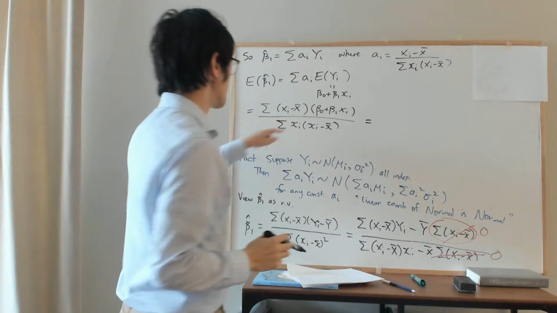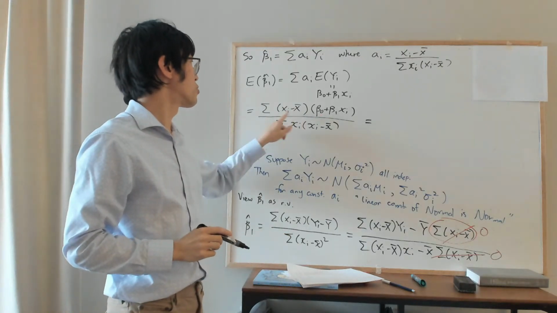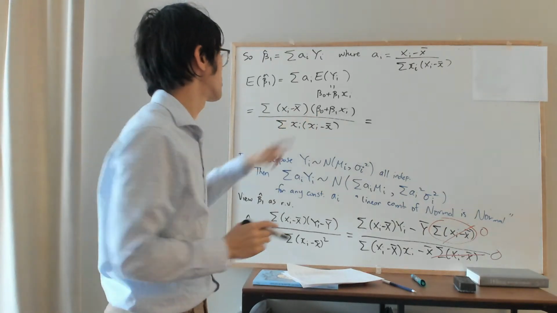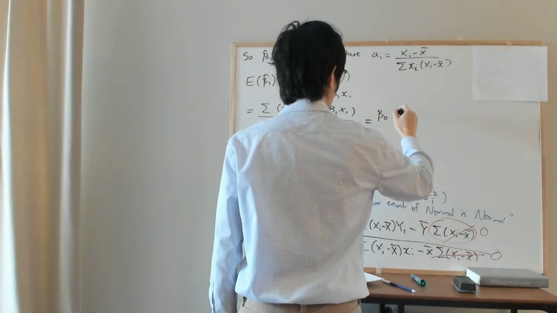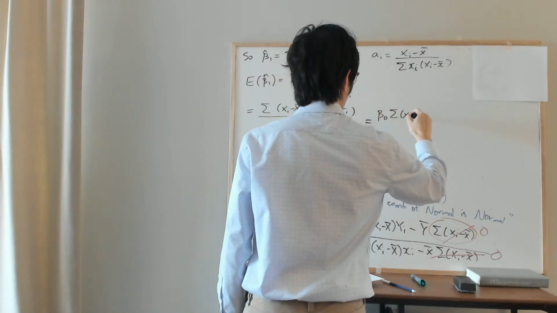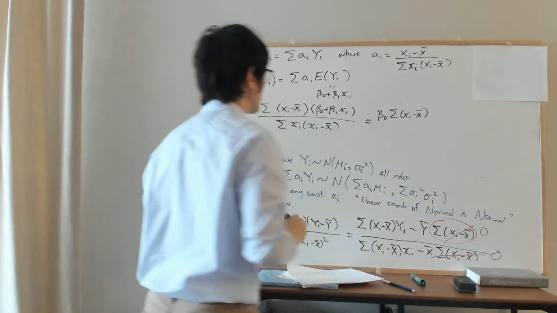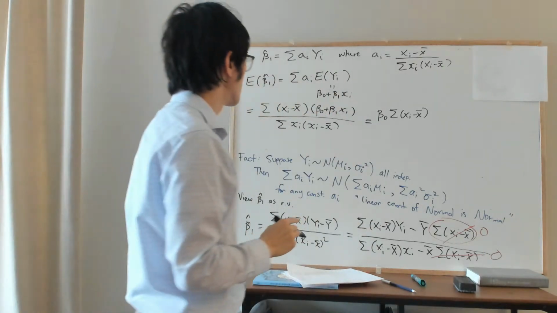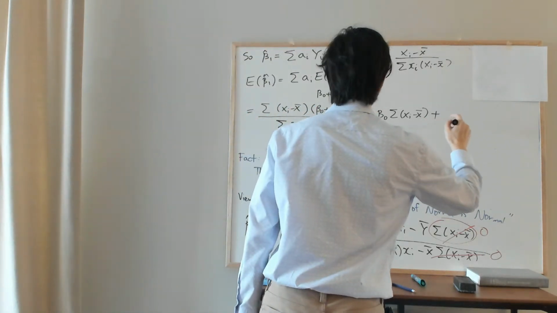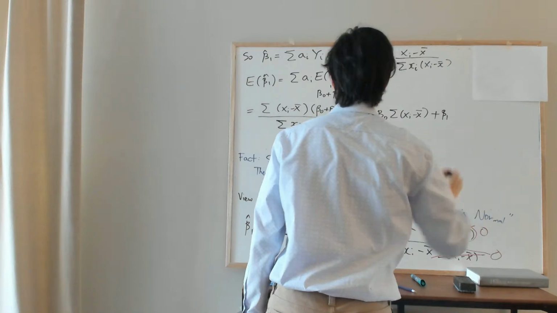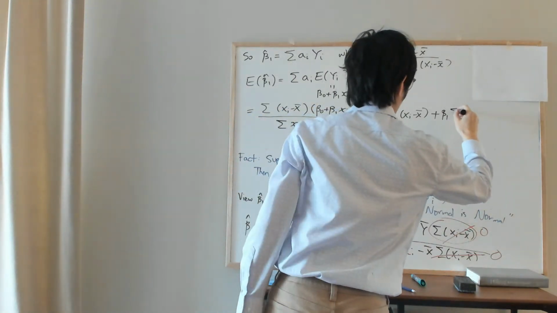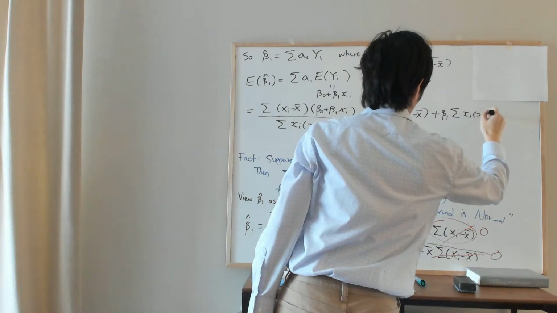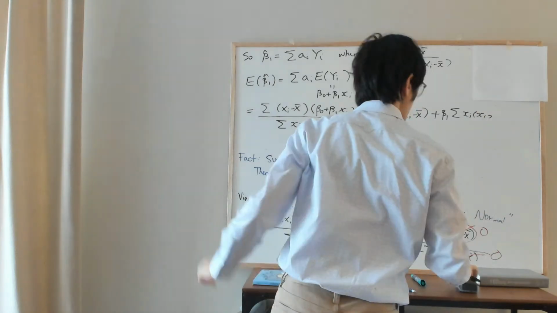So we're going to break this up into two terms. We have beta 0, and beta 0 is a constant with respect to the summation, so we can pull that out. So that's the first term. And then the second term, we have beta 1, so we pull that out, and then inside the summation we have xi times xi minus x bar.